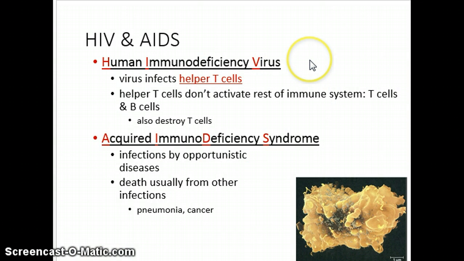So what HIV, or human immunodeficiency virus, does, again, is attack the helper T cells. And without the helper T cell, we can't activate the rest of the immune system. So we end up with no humoral or cell-mediated response to any sort of pathogen that follows entry of this virus.